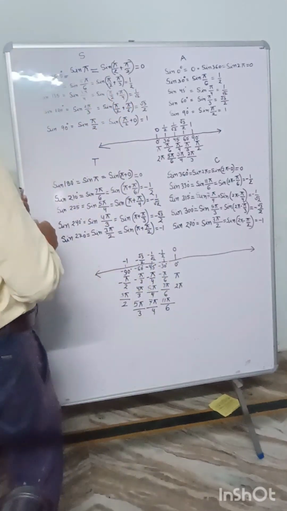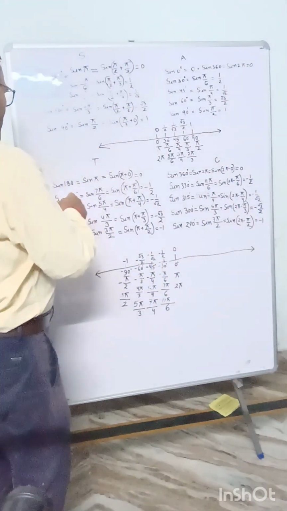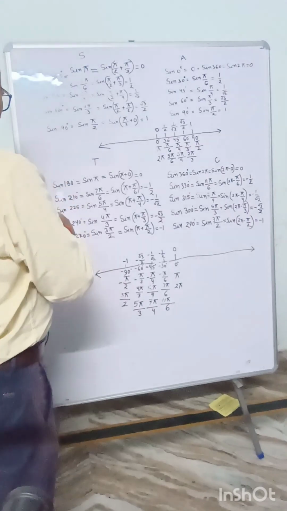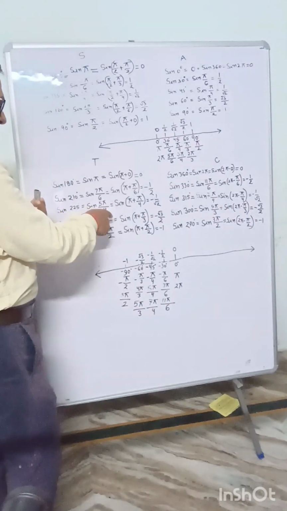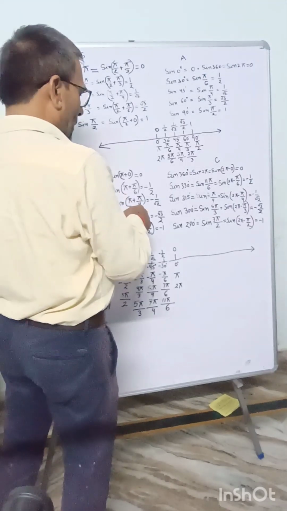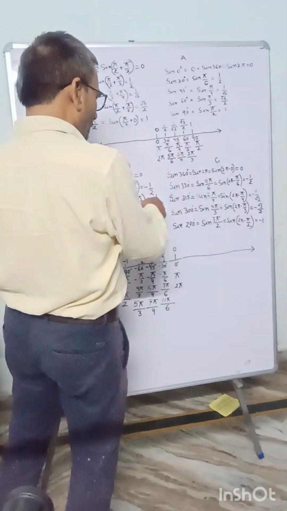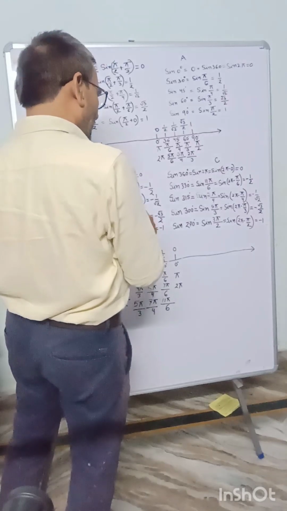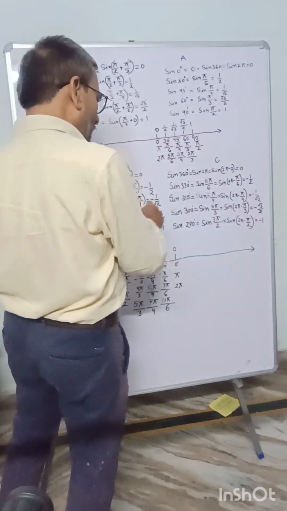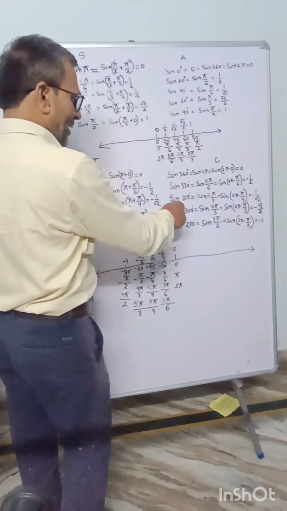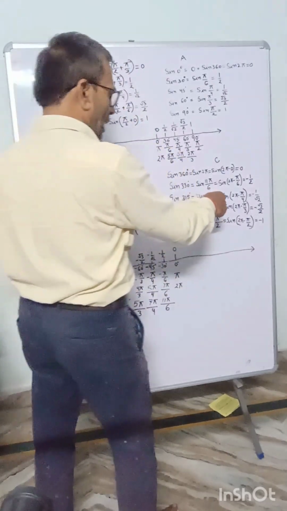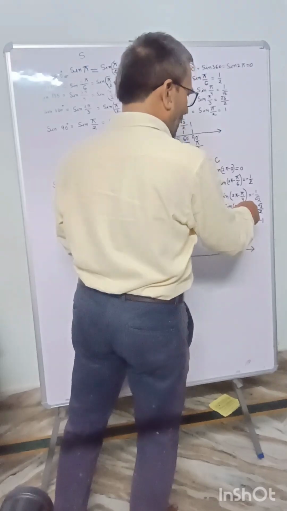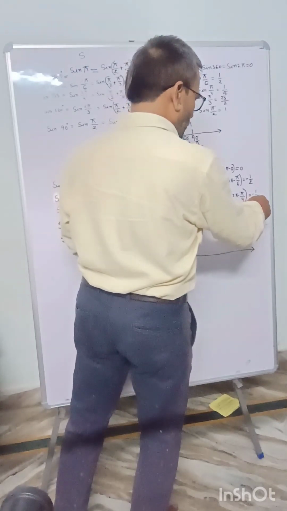If we come in third quadrant, sine 240 is equal to sine 4 pi by 3 is equal to sine pi plus pi by 3 is equal to minus under root 3 by 2. It is the same as sine 300 is equal to sine 5 pi by 3 is equal to sine 2 pi minus pi by 3 equal to minus under root 3 by 2.